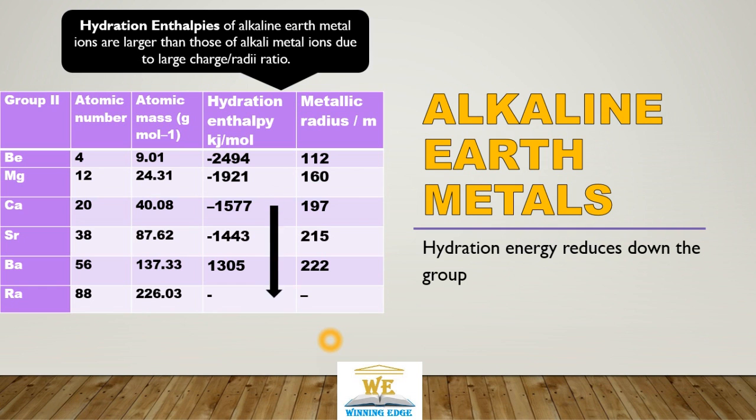As we move down the group, charge remains the same, but radii increase, which reduces the charge to radius ratio. The capacity to hydrate molecules in aqueous solution depends upon the charge to radius ratio only. That is the reason we saw reduction in hydration enthalpy as we move down the group.